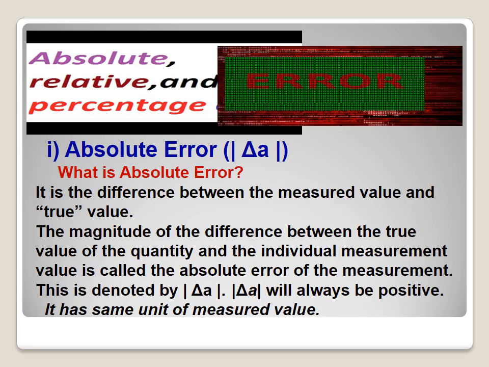The magnitude of the difference between the true value of the physical quantity and the individual measurement value is called the absolute error of that measurement. This is denoted by modulus of delta A, and remember that modulus of delta A will be always positive.